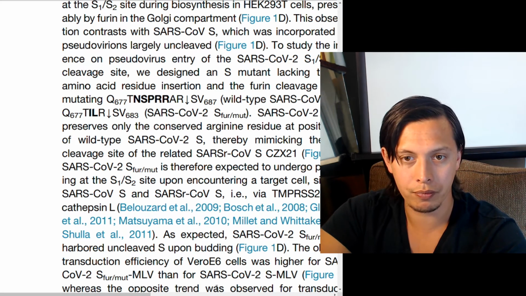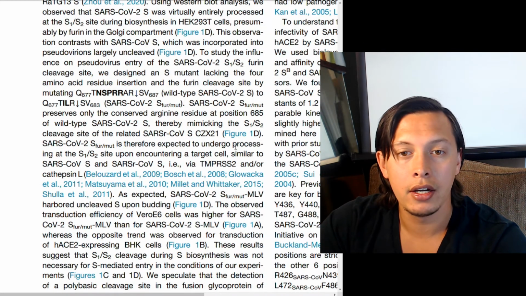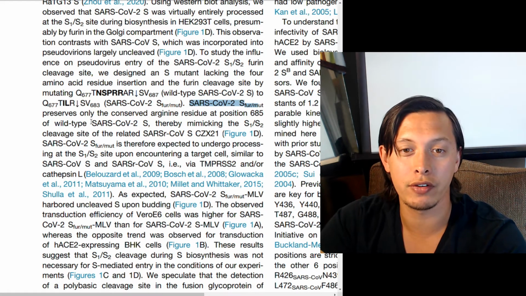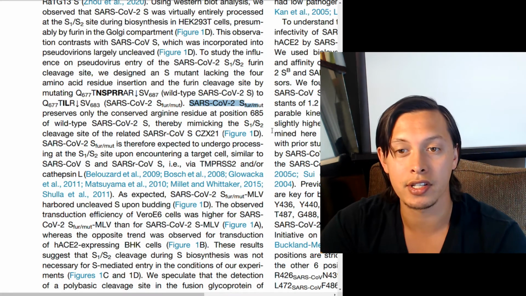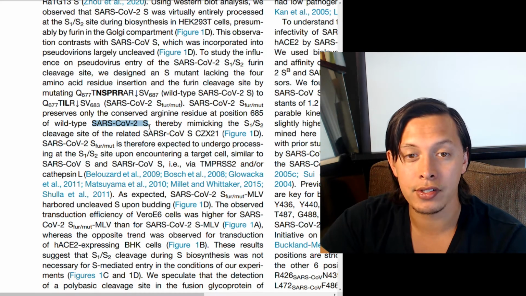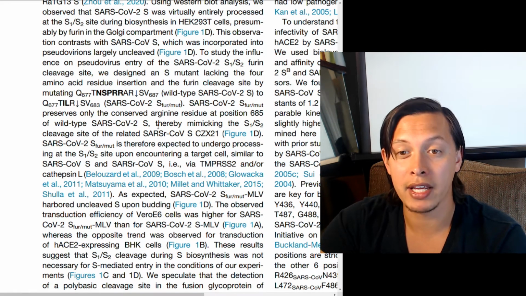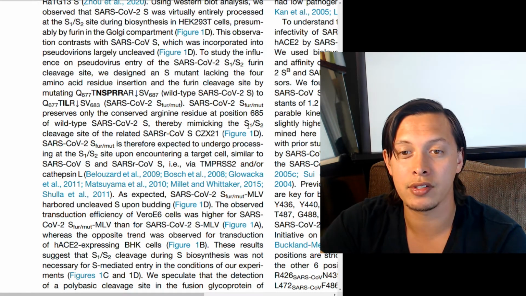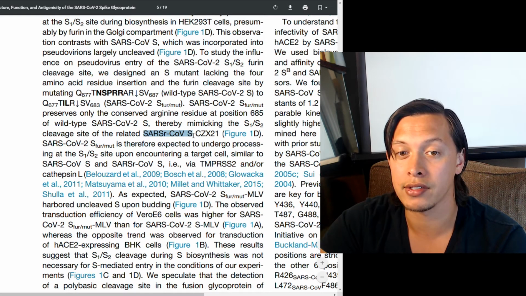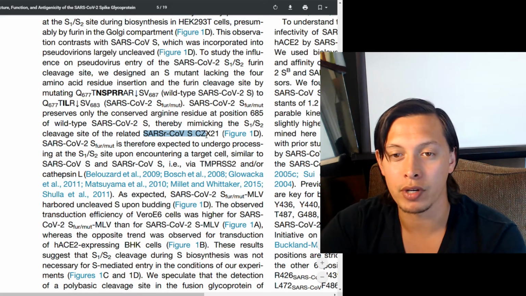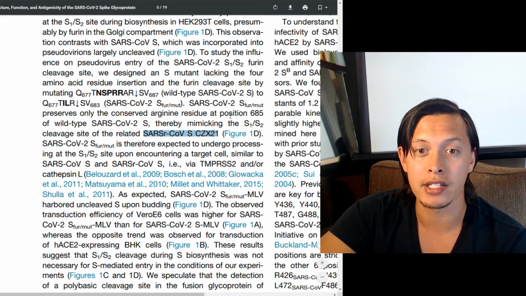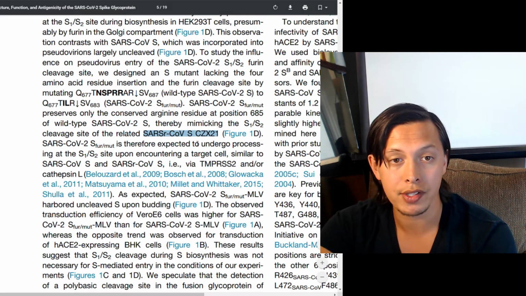Going back, the SARS-CoV-2 S furin mutant preserved only the conserved arginine residue at position 685 of the wild-type SARS coronavirus 2 S, thereby mimicking the S1, S2 cleavage site of the related SARS-related coronavirus spike CZX21. So they are mimicking the cleavage site of a closely related coronavirus.